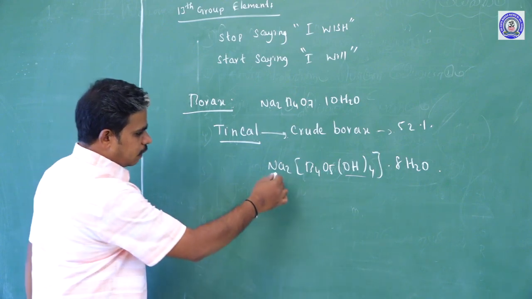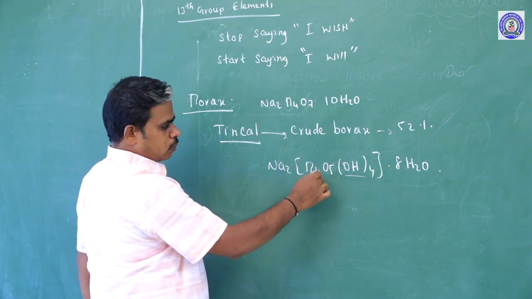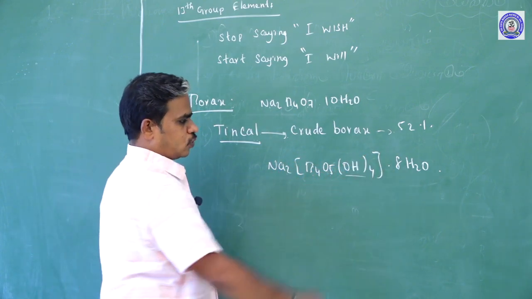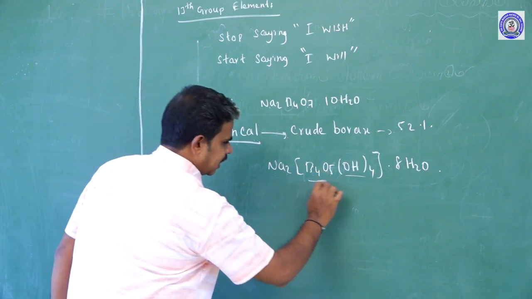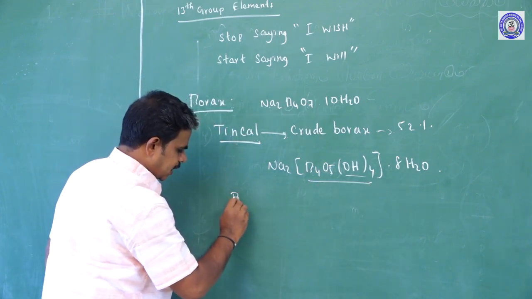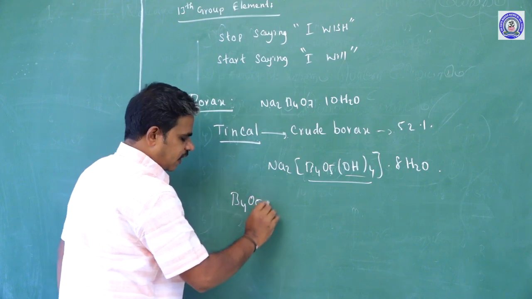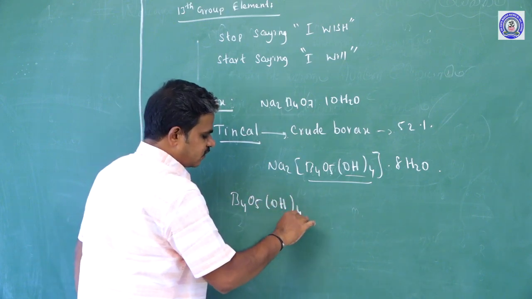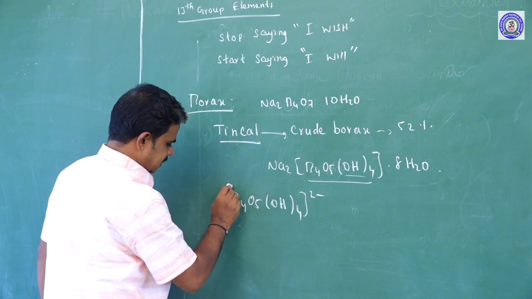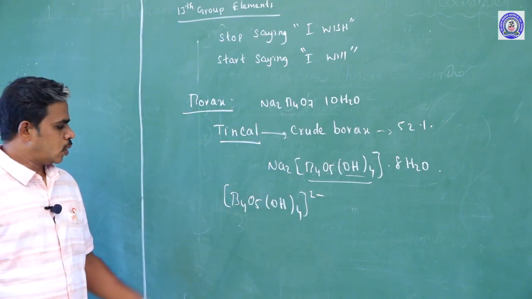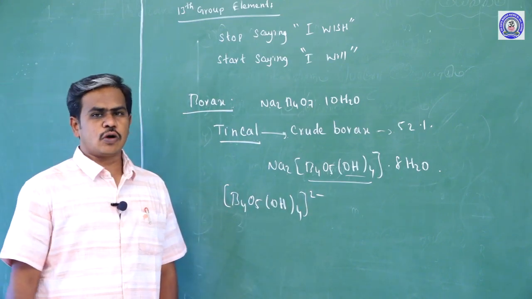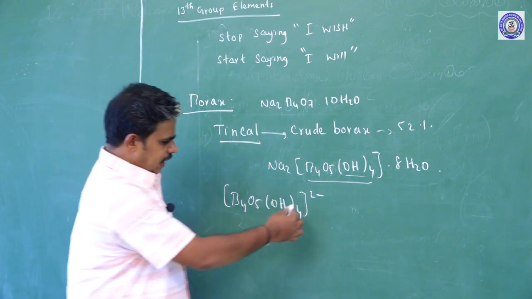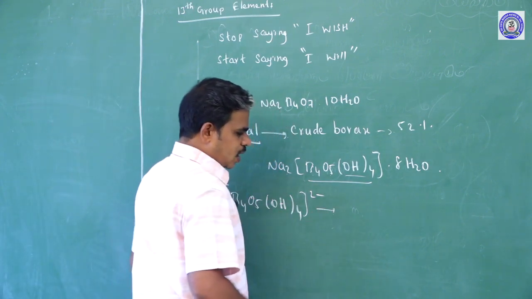So it will be written as Na2[B4O5(OH)4]. Now we may take this alone: it is [B4O5(OH)4]2-. Then it is a structure, a tetrahedral unit.